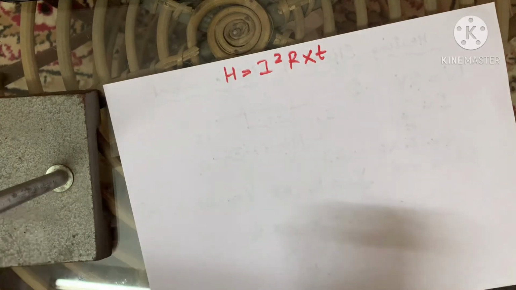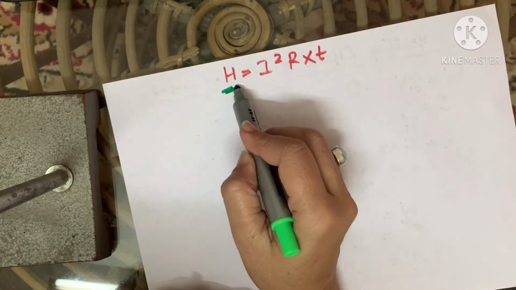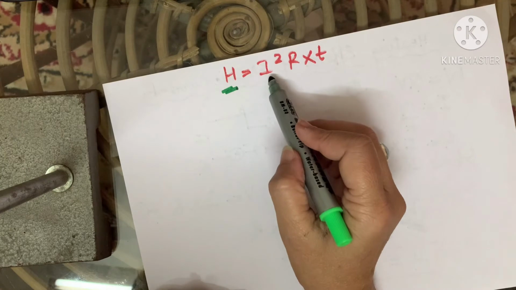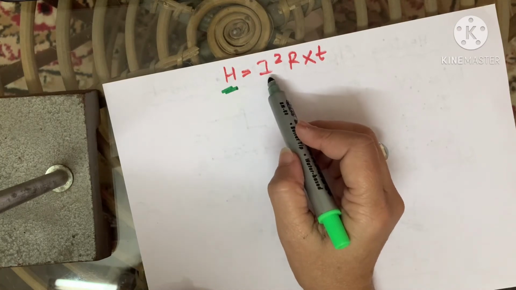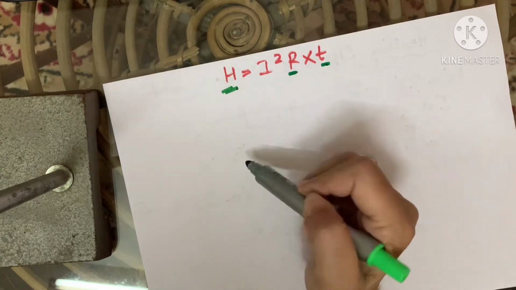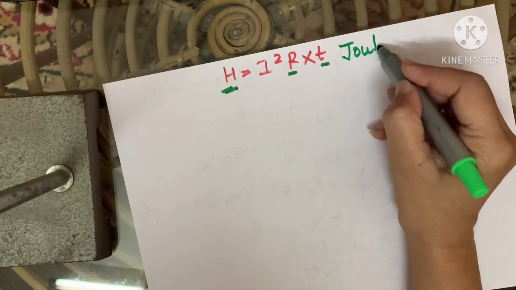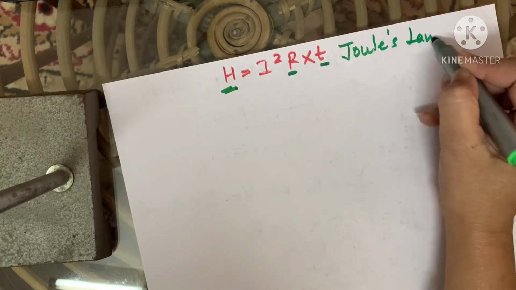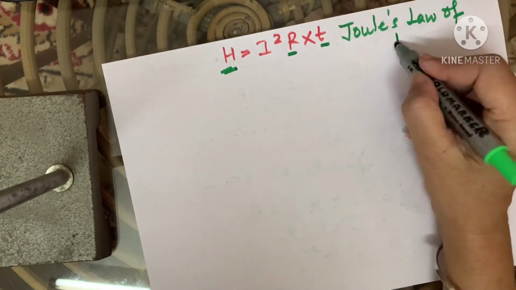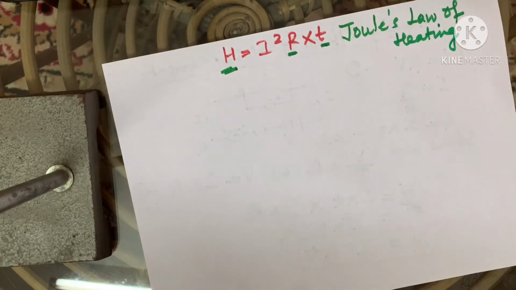This formula gives us the heat produced in joules when a current of I amperes flows through a resistance R ohms for time T. This is also known as Joule's law of heating.